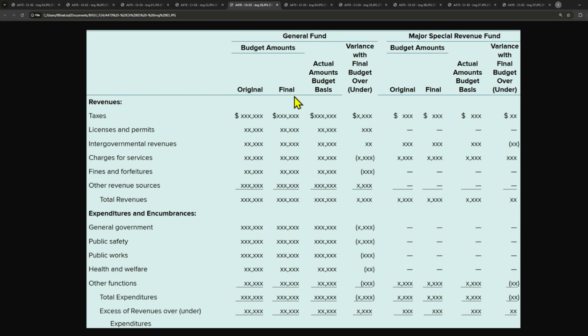Budgetary accounts required by state law to be integrated into the general ledger and the financial statements. Estimated revenues. Okay, so what is a budgetary amount? When we're talking about revenues, we're talking about budgetary revenues versus actual revenues, and how are we going to track these according to a T account?